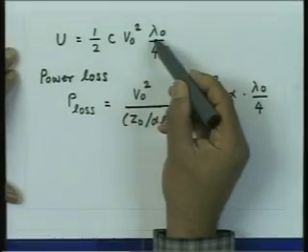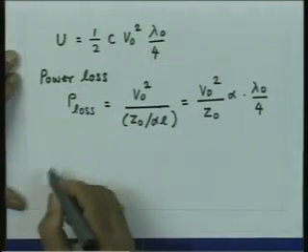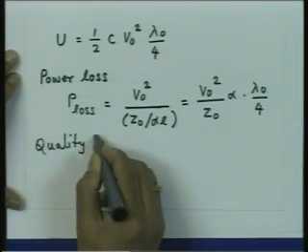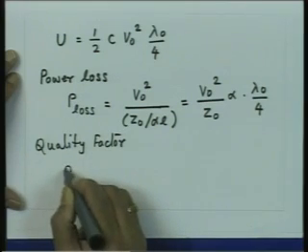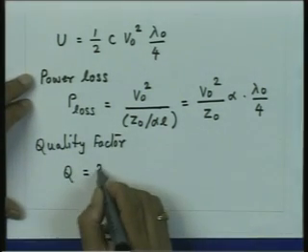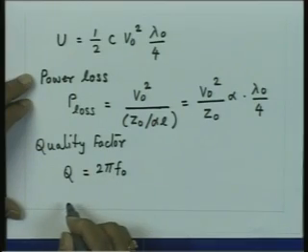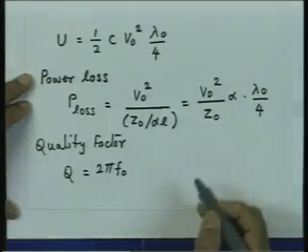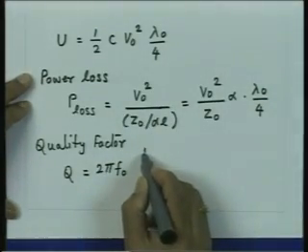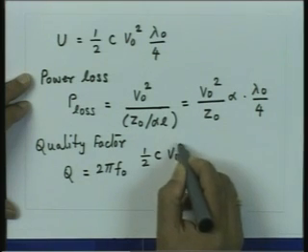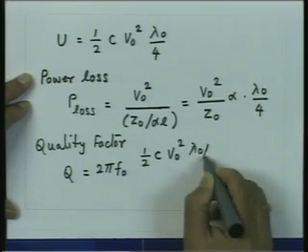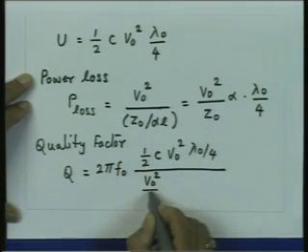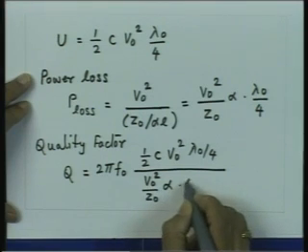Once I know the energy stored in the circuit and the power loss in the circuit, then I can get the quality factor Q, that is equal to 2 pi into F 0 into energy stored in this circuit. So, this is half C V naught square lambda 0 by 4 divided by V 0 square upon Z naught alpha into lambda 0 by 4.